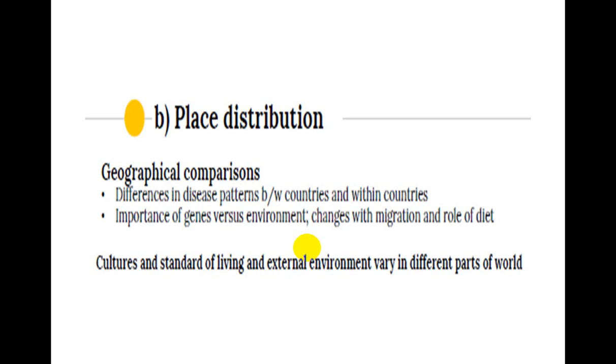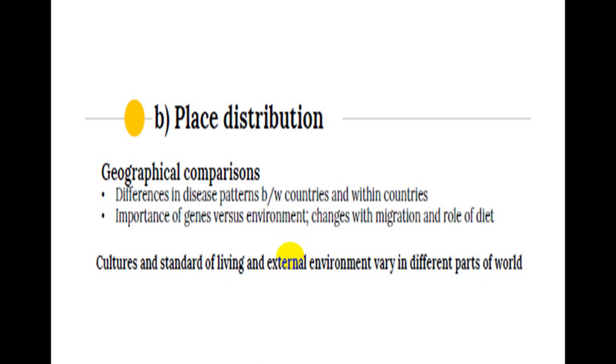The relative importance of genes versus environment changes with migration, and the possible roles of diet and other etiological factors. In short, geographical studies have profoundly influenced our understanding of disease, its nature, its determinants, and its relation to subsequent pathology.